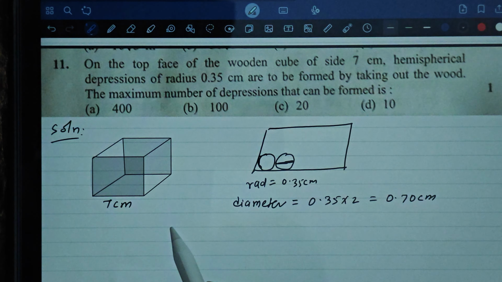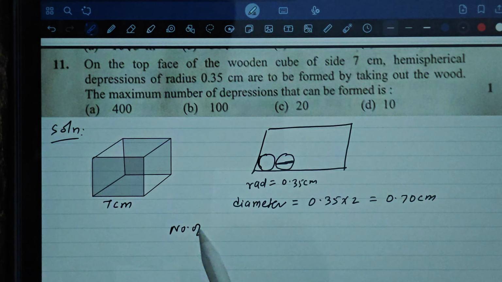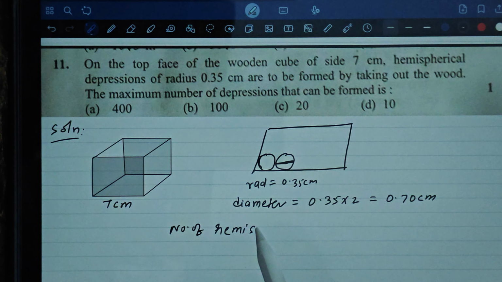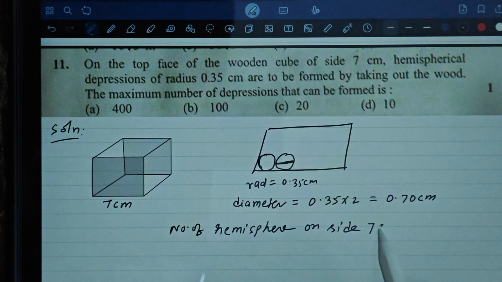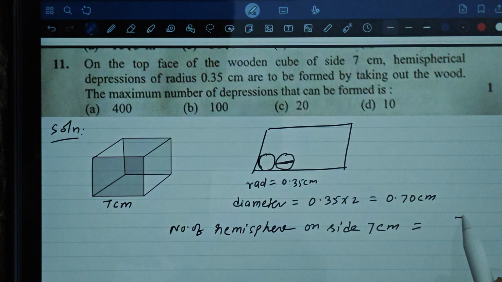So how will you find? Number of hemispheres on side 7 centimeter can be taken out like 7 centimeter upon 0.70 centimeter.